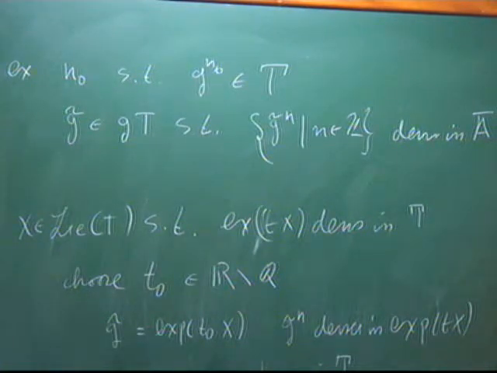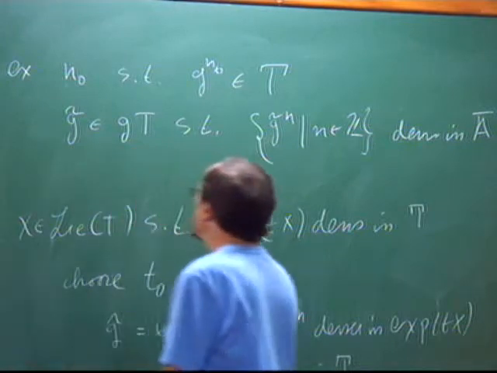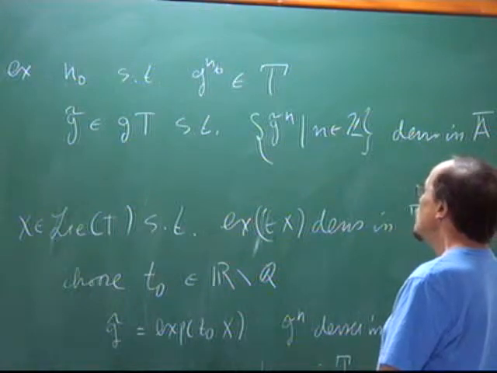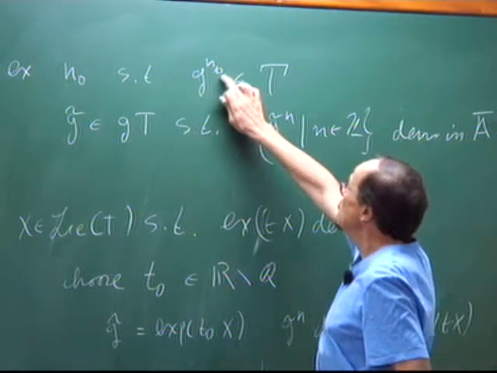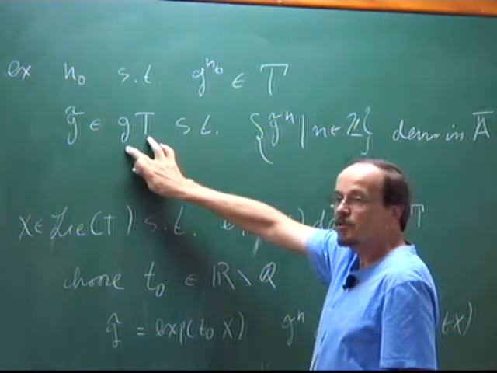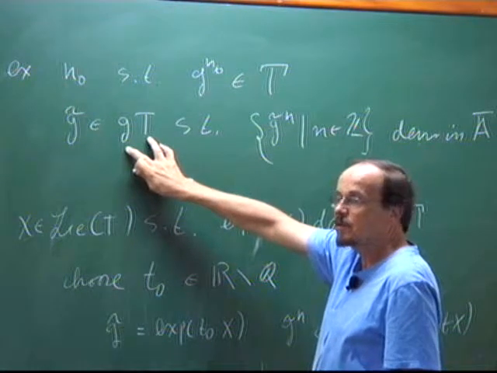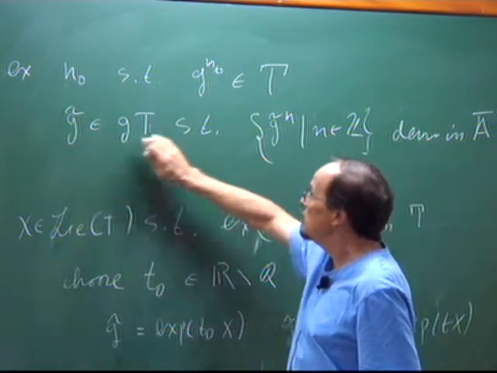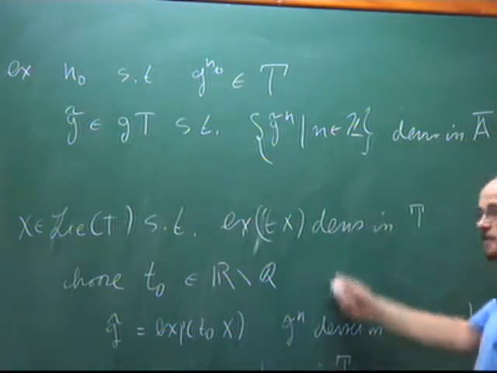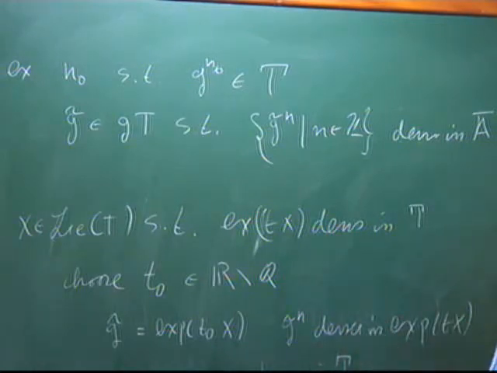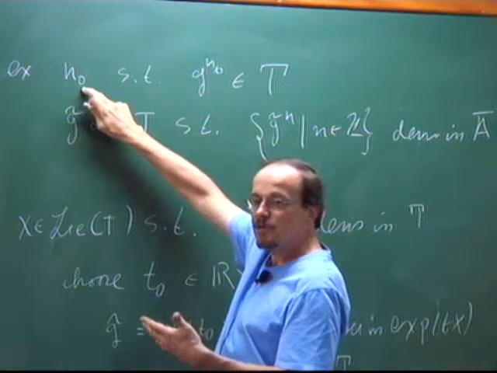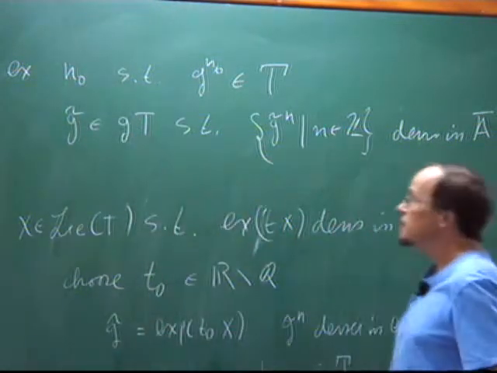This specifies a component, and then this power eventually lies in the maximal torus. And now I choose this element in T so that I end up with an element like this inside the maximal torus. So whenever I take an integer multiple of n naught, I get elements in the maximal torus, and that will be dense in the maximal torus.